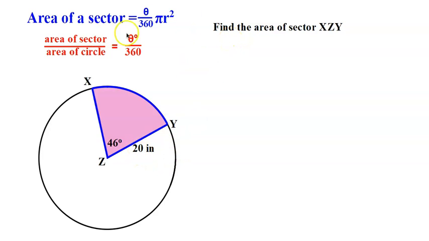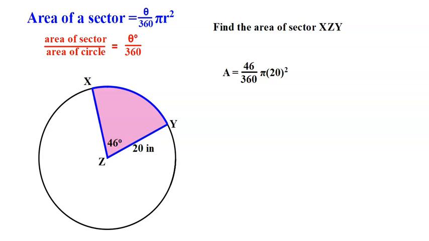So we'll use the one that uses the radius: the area of the sector equals the central angle over 360 times pi times the radius squared. My central angle is 46 and my radius is 20, so we plug those in.